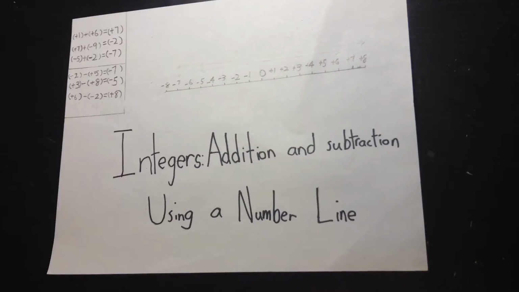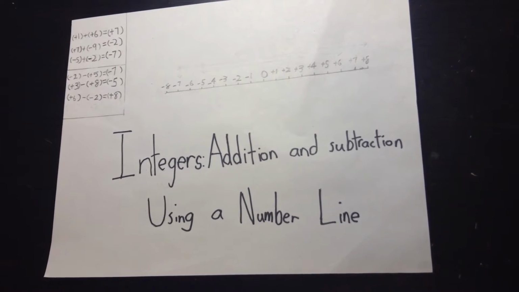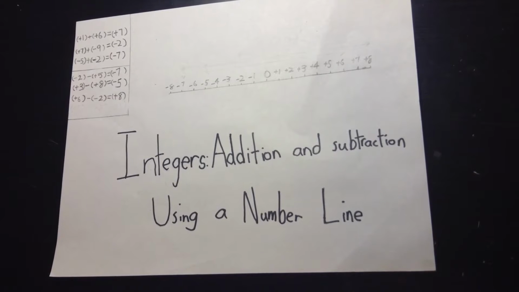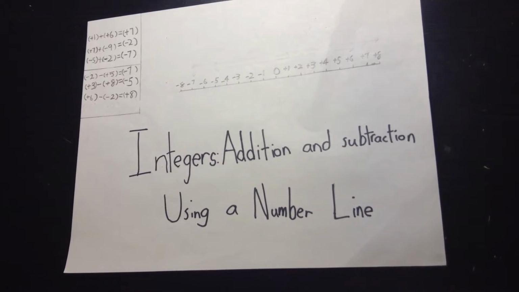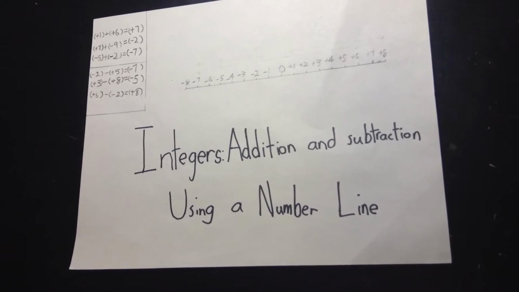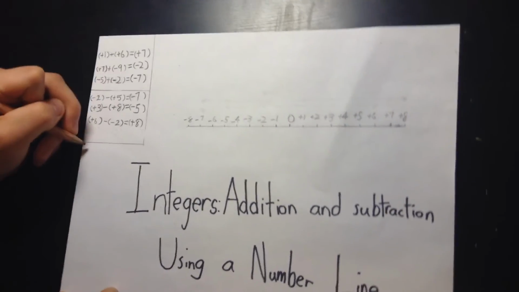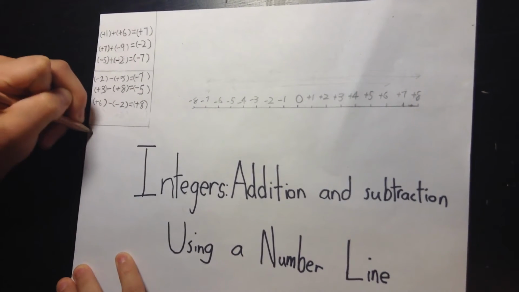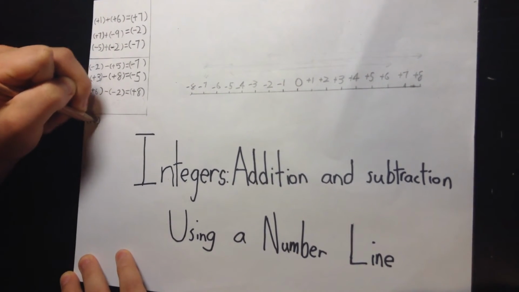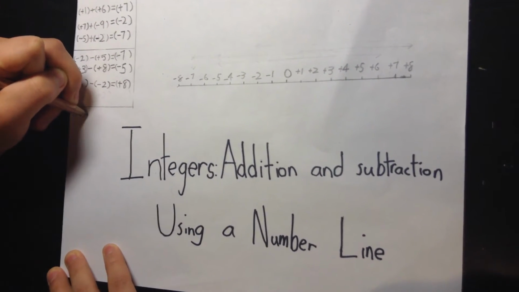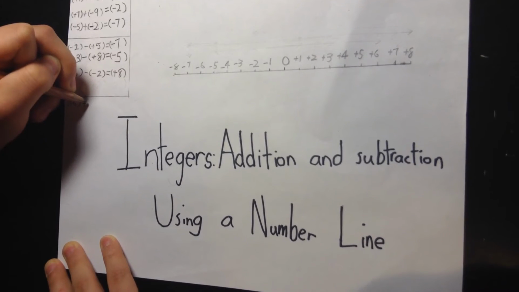Now for a final trick. If you don't like subtraction, you can turn the question into an addition, or if you don't like addition, you can turn it into a subtraction. The way you do it, using the last question as an example, is you write down the first number as it was, and then you change the plus sign or the minus sign to the opposite: positive sign to minus sign, minus sign to positive sign.